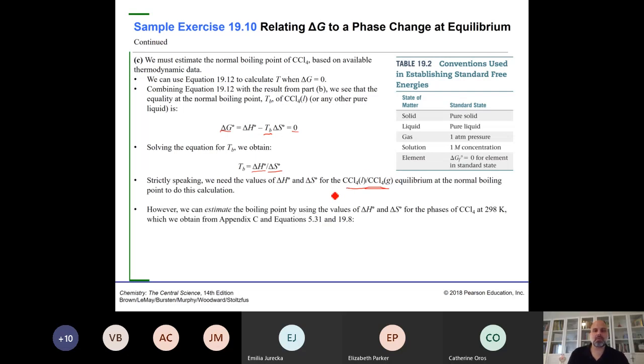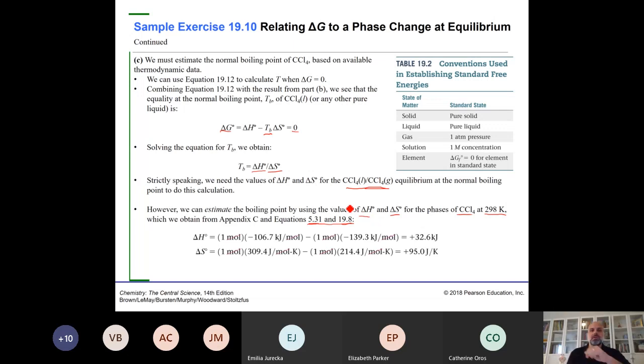However, you can estimate the boiling point by using the values of delta H and delta S for the phase changes of carbon tetrachloride at 298 Kelvin, which we obtained from Appendix C and equations 5.31 and 19.8. So you can go back and look at the chapter problem 5.31, 19.8, and we can get these numbers.